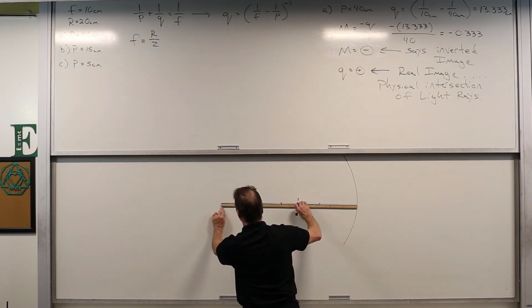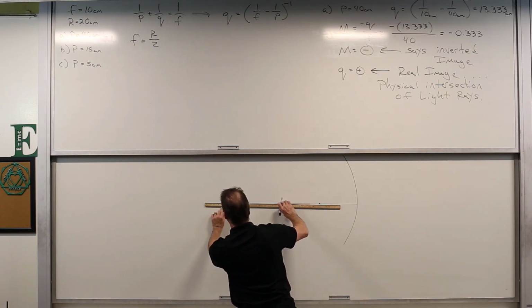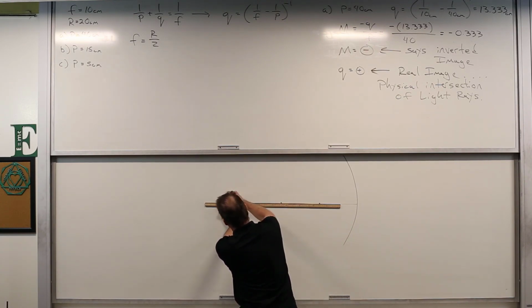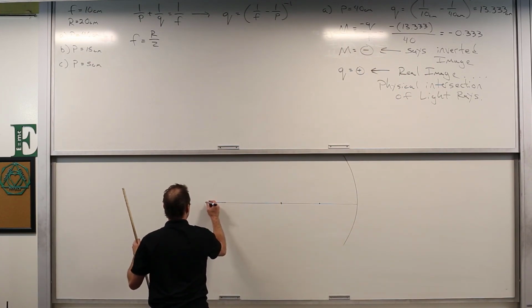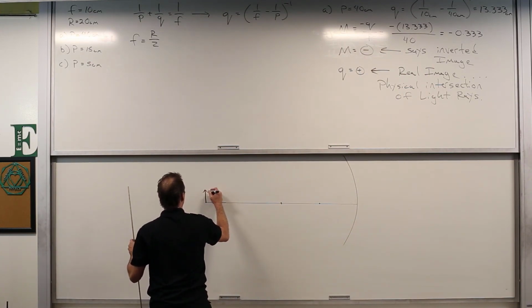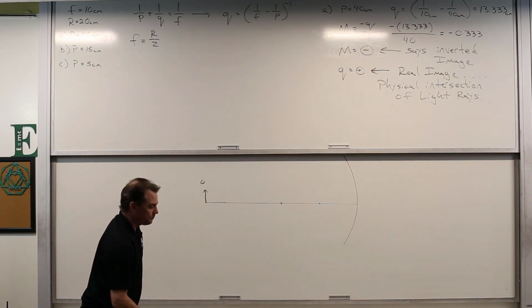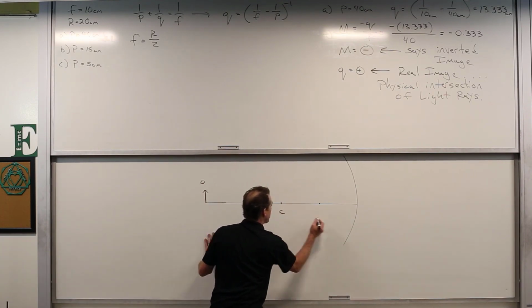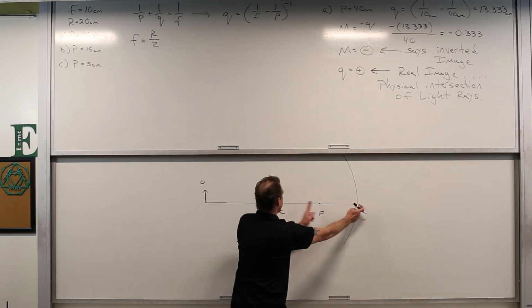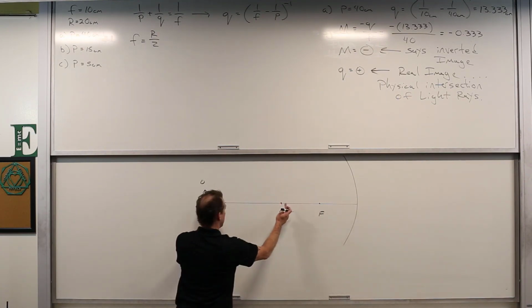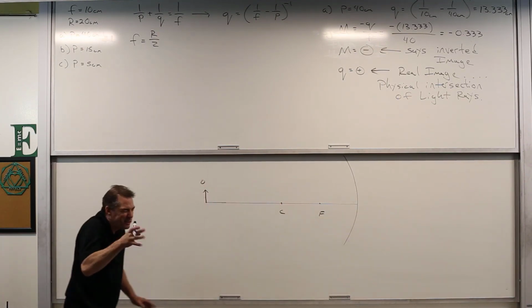So we go another 12 centimeters on top of this. I will elongate this a little bit. I'm trying to scale this out nicely. Put our object right there. So here's our center of curvature. Here is our focal point there. This is 10 centimeters, this is 20 centimeters, and this is then 40 centimeters, within reason.